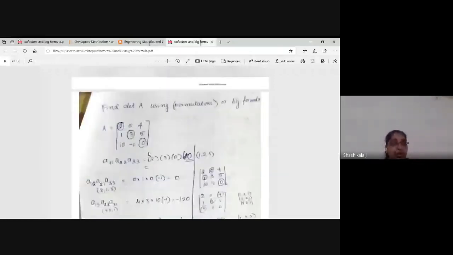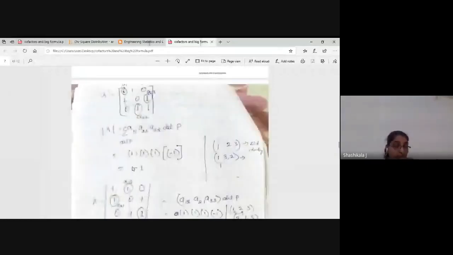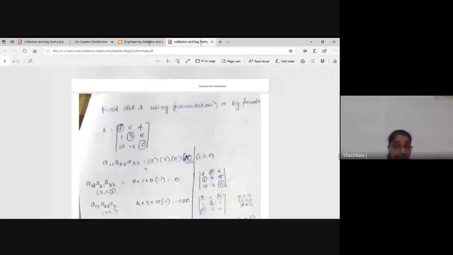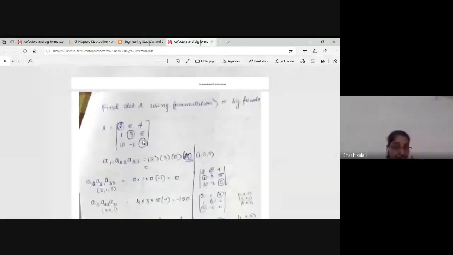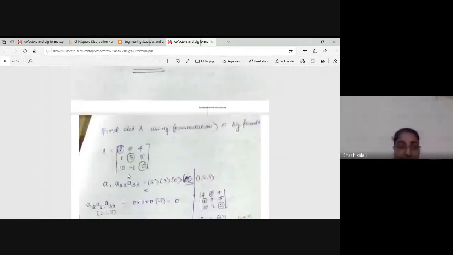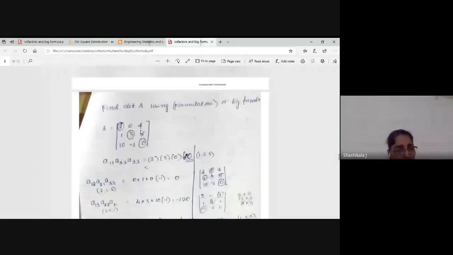Understood? Okay. So now you will understand clearly, because here there are more zeros. Please all of you understand and listen to this carefully. If you understand this problem, you should be able to do the next one. Find the determinant of A using the big formula or by permutation. Here it is very simple. You take the first element and take all the combinations except that row and that column.